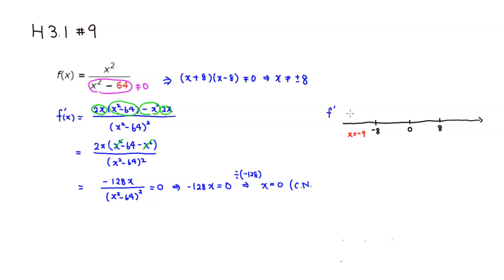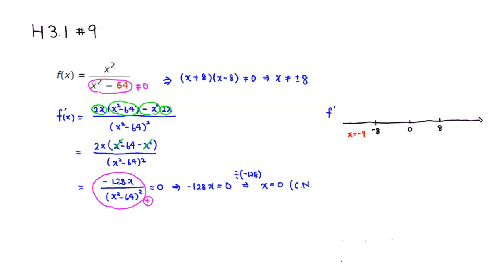Looking at f prime, the denominator is always non-negative because it's squared, so we just have to worry about the numerator.